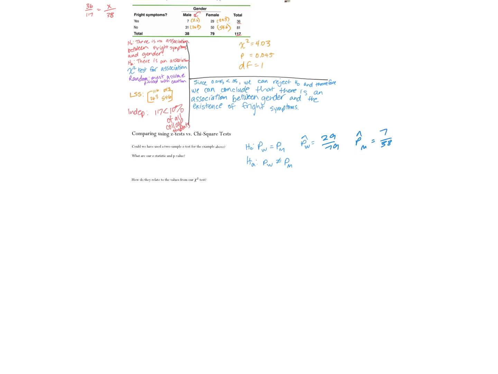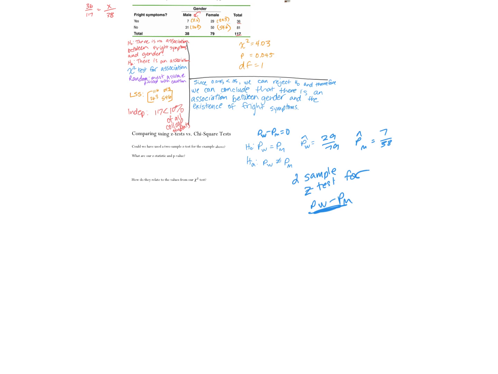And if we did this, we would then have a 2-sample z-test for PW minus PM. Why is it PW minus PM? Because theoretically, this is the same thing as PW minus PM equals 0. So technically, the distribution we're talking about is the difference between, but it doesn't really matter. In terms of which hypothesis you should write, they're the same.